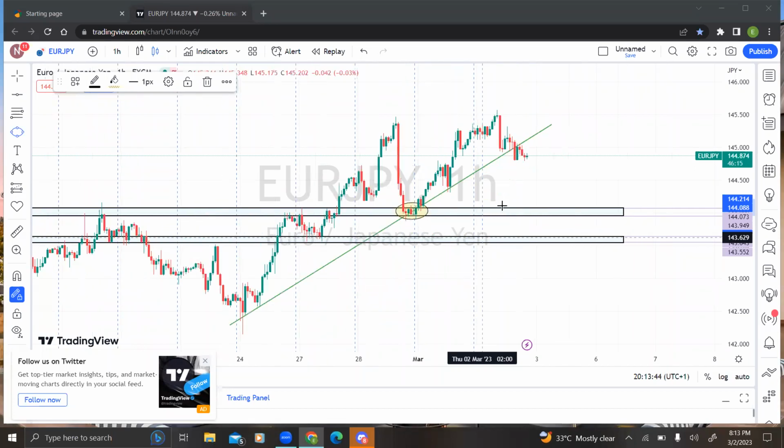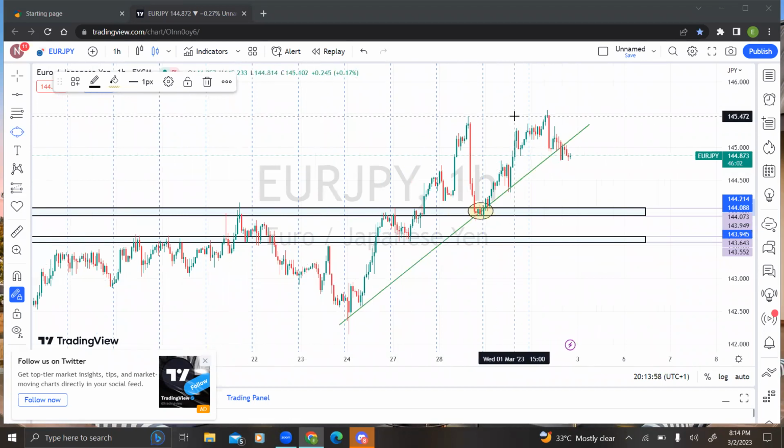A gambler will look at this market right now and be like, oh, because the last candle was a red candle, I think this thing will sell. And then they'll go ahead and execute a sell position. That's what a gambler would do. A gambler would say, oh, because this thing is moving up, it's been moving up, let me take it for a buy. Gamblers in the Forex market do not have a defined set of principles to follow before they execute trades.